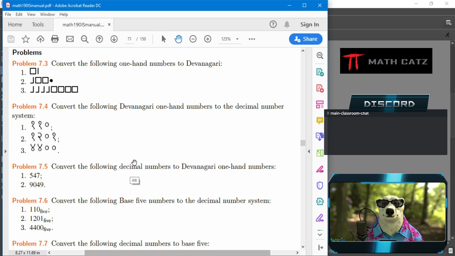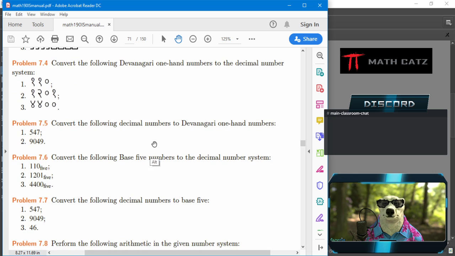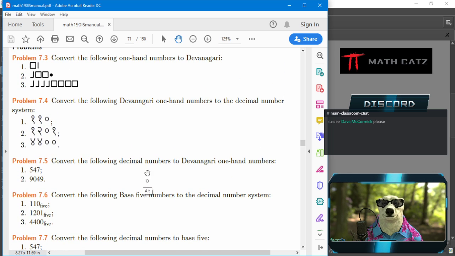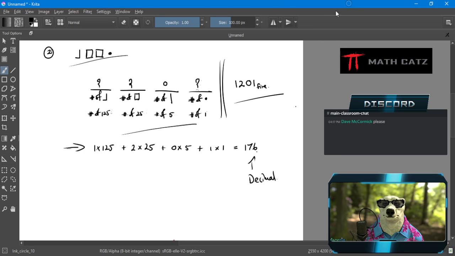Should we do the other conversion direction or not? Yeah, could we go over the other ways? So again, let's not take a problem that you have. Let's just make another one. Let's make an example.